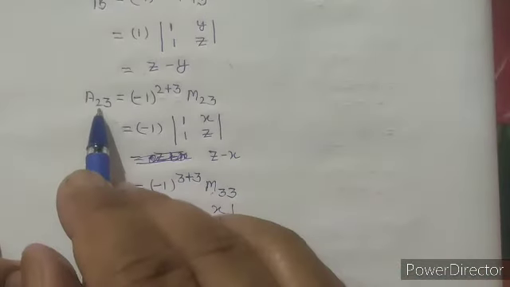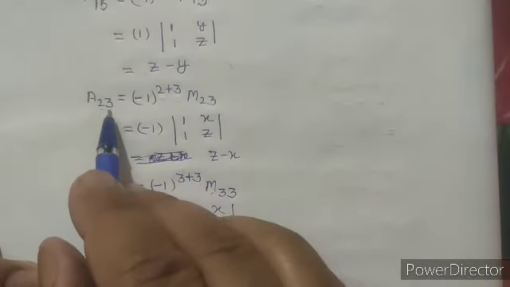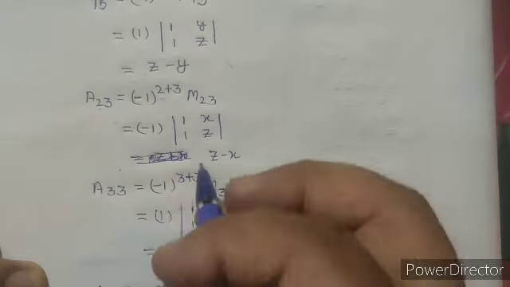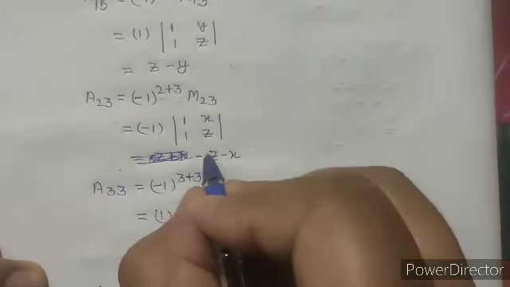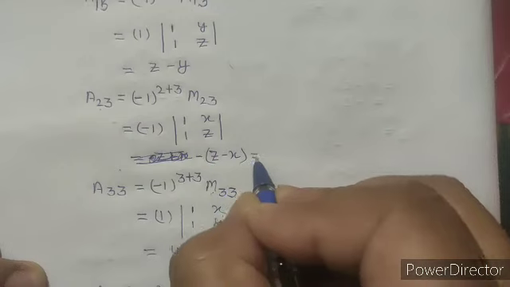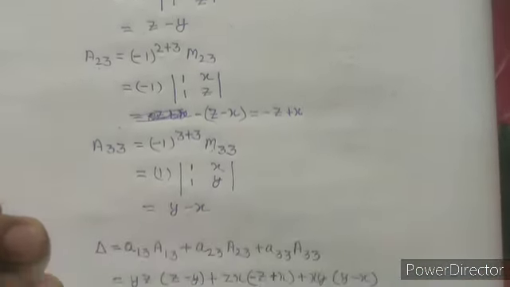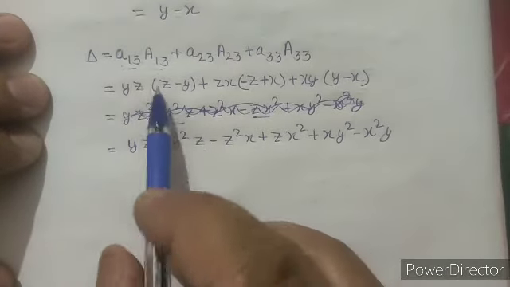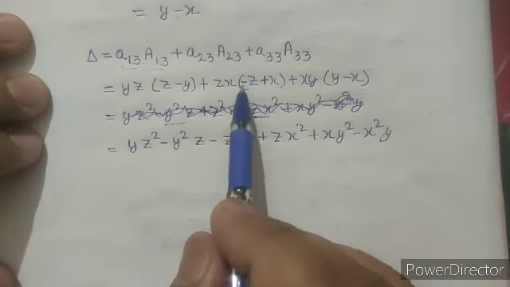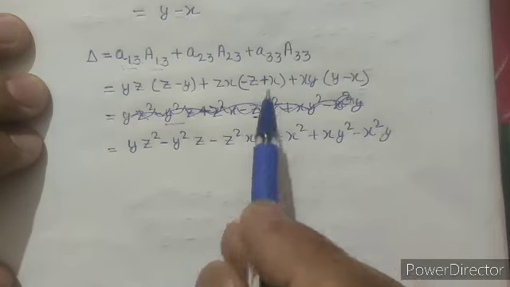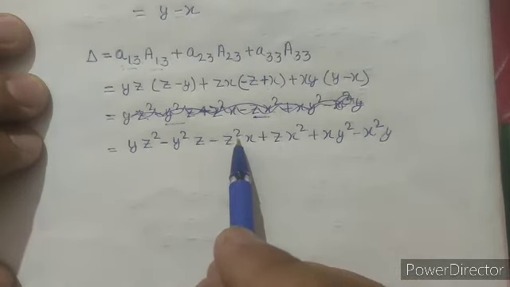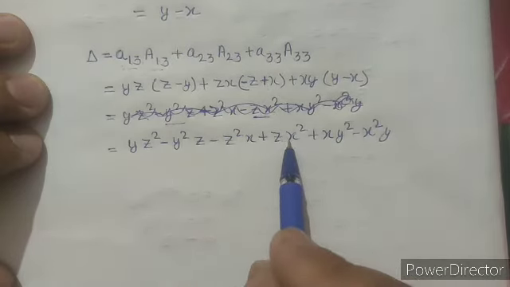Now in A23 we haven't multiplied minus 1 to it, so this will be minus into z minus x, and that will give us minus z plus x. So this will be zx into minus z plus x, and that will give us minus z square x plus zx square.